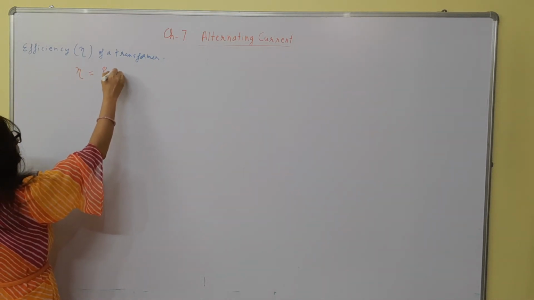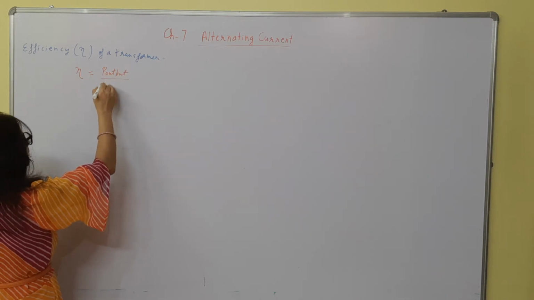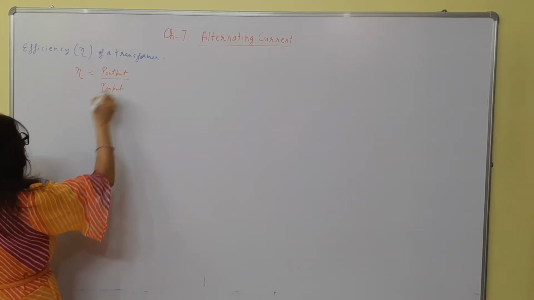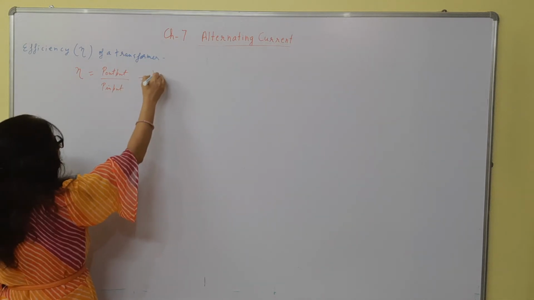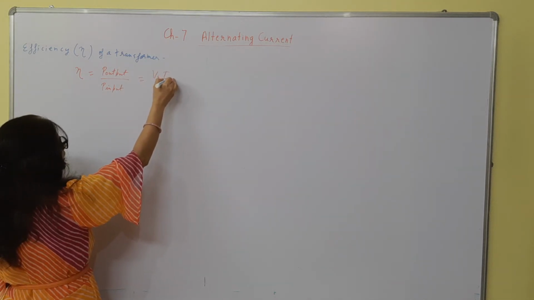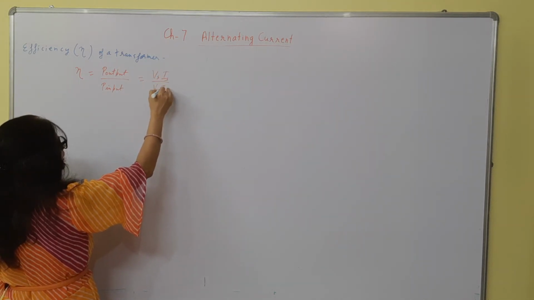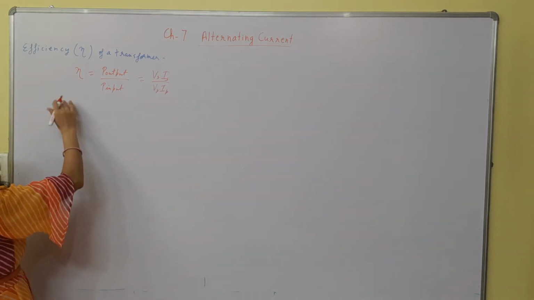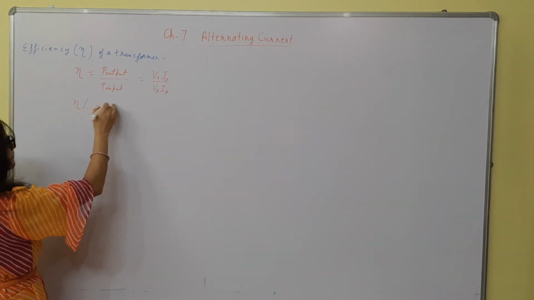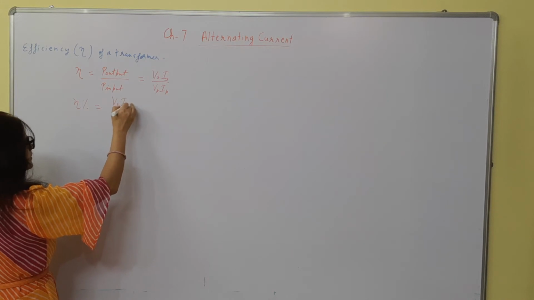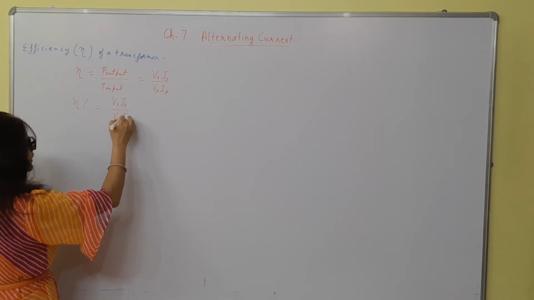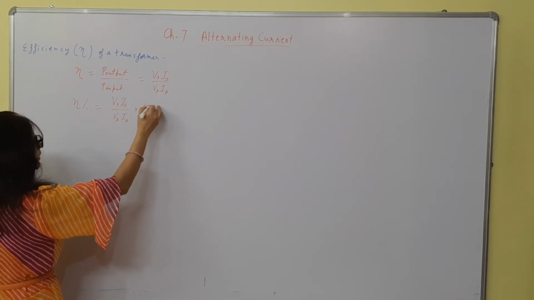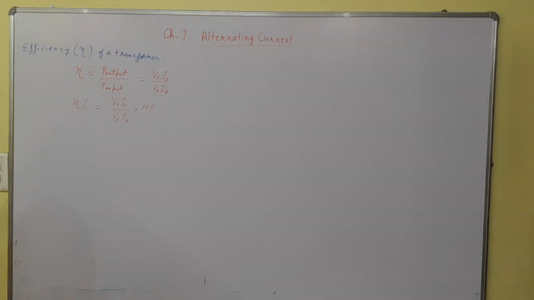Now this efficiency is written as power output upon power input, and if we are writing, this will be Vs Is upon Vp Ip, and this can also be written in percentage form like this. So Vs Is upon Vp Ip into 100, right?